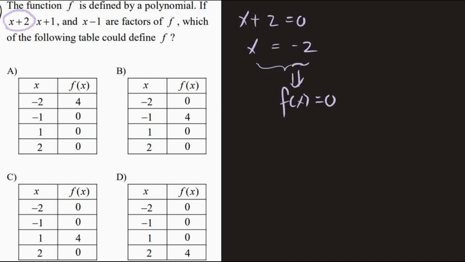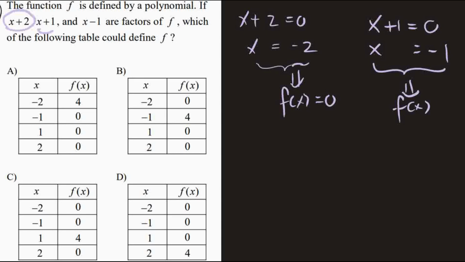So when x plus 2 is equal to 0, x equals negative 2. The next one is x plus 1 as another factor. It means x equals negative 1. When we substitute x with negative 1, we get f of x equals 0.